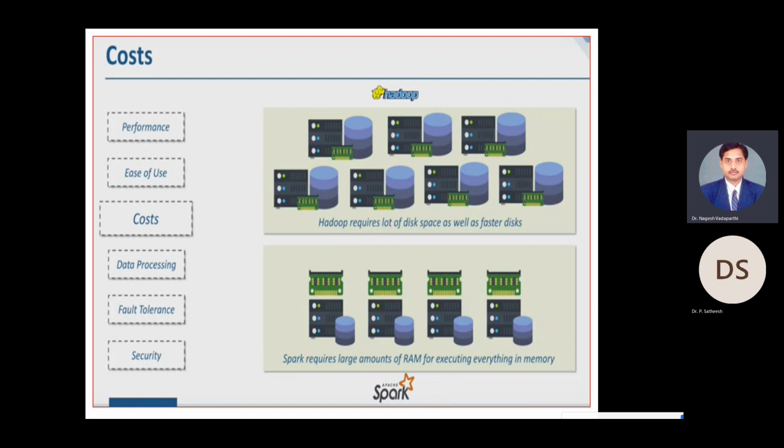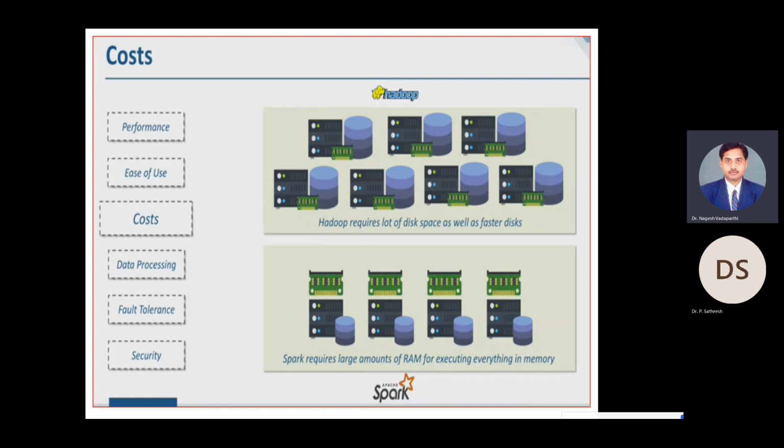In Hadoop, every time it loads from the hard disk, the read-only memory, ROM. So it consumes more data and less computing power through RAM. Hadoop requires a lot of disk space as well as faster disks.